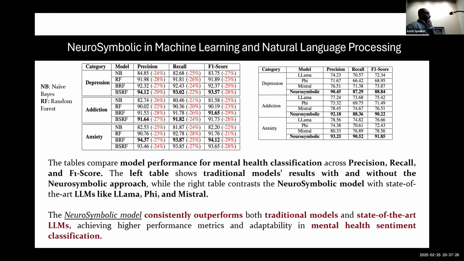What we found in an experiment was pretty interesting. If I look at this leftmost table, which is simply a machine learning model, looking at random forest as a simple model, we found multitudes of gains in behavior just by incorporating those weight matrices. But we also found that this strategy works much better than Mental Llama, Phi, and Mistral, which were used in the same process of doing the classification on the Twitter data, right?